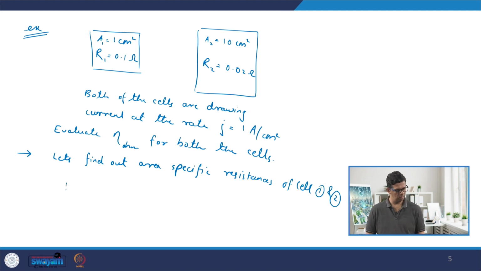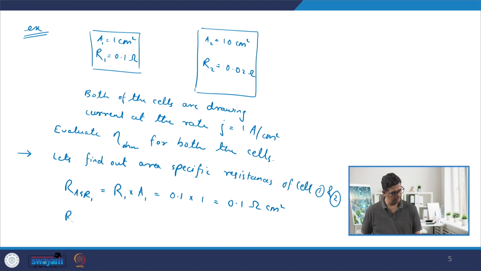Okay. So, RASR 1. As we know, RASR 1 is the total resistance multiplied by the total area of that cell. So, R1 into A1, R1 we have been given, it is 0.1 ohm and area is 1 centimeter square. So, area specific resistance for the first cell will be 0.1 ohm centimeter square.